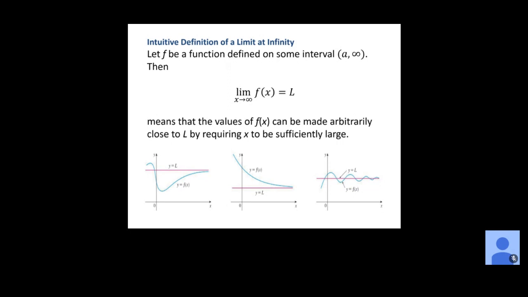But again, as we go out towards infinity, we're still approaching that same L value. Or we could get something that looks like the third graph here, where it's oscillating, but those oscillations get smaller and smaller, and so it's still approaching and tapering towards that L value. So in all three of these cases, we would say the limit as x approaches infinity is equal to that L value.